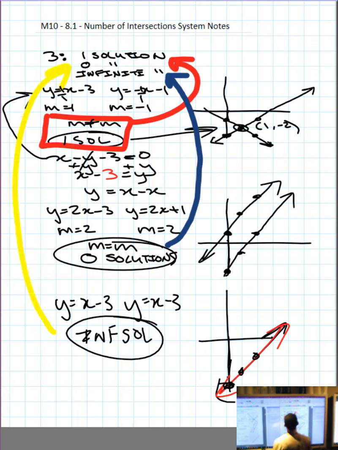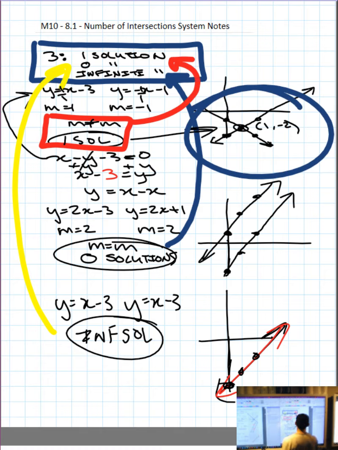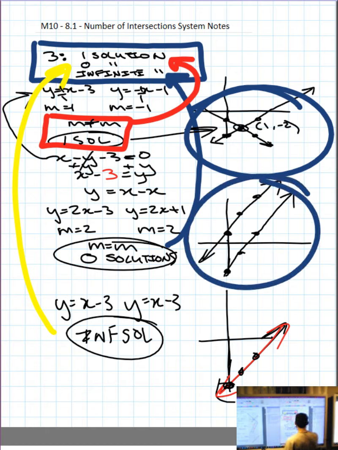So we have, again, at the top, three cases. One solution if the lines have different slopes. No solution if they have the same slope and different y-intercepts.